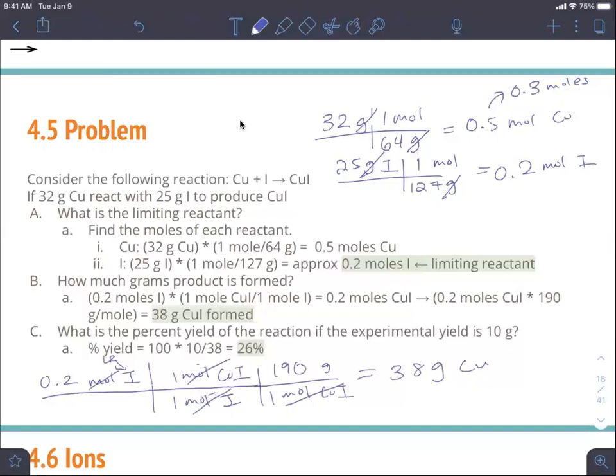And by doing that, you basically should be able to solve any stoichiometric problem. This is just basic problem solving. You just have to get from point A to point B. And by canceling out units, you should always be able to get there.